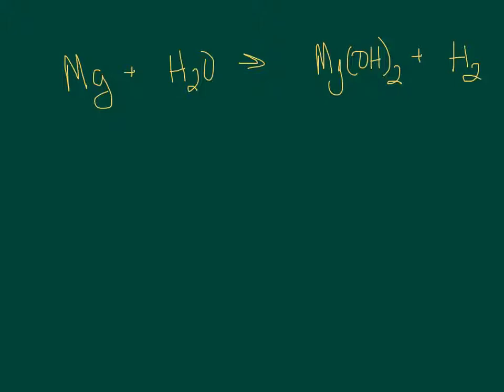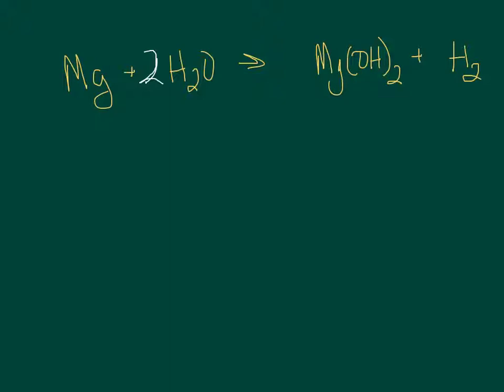So I need to come over here to the reactant side and add a 2 in front of water. That means I have 4 hydrogens now. So let's check the oxygen. I have 2 oxygens on the reactant side and 2 in the product side. So it's balanced now. Okay, so steps 1 and 2 are done.